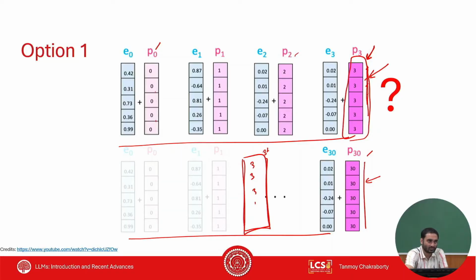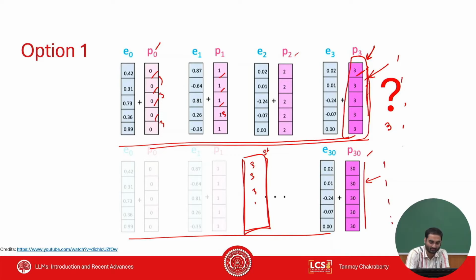So what is the simple remedy to address this problem? The simple remedy is you just normalize it. So let's say in this sequence, the maximum number of tokens is 3. So you divide everything by 3. If you divide it, then the last embedding is going to be 1, 1, 1, 1. Here also 1, 1, 1, 1.